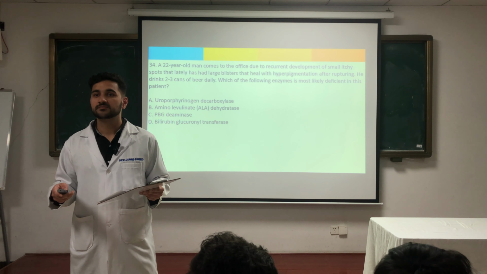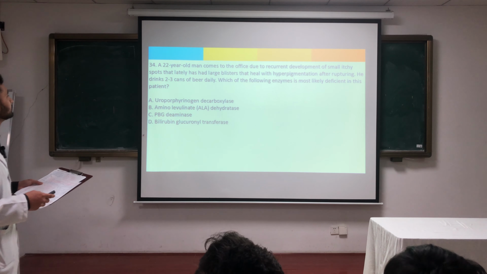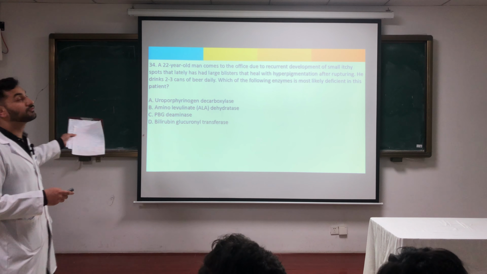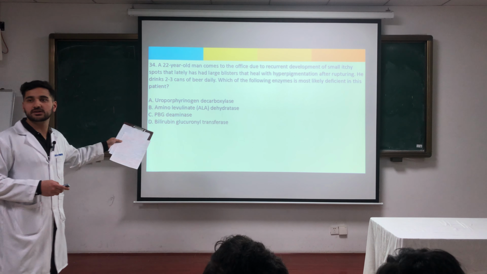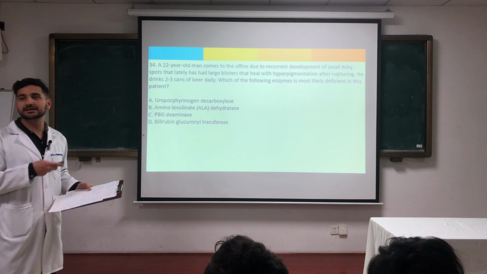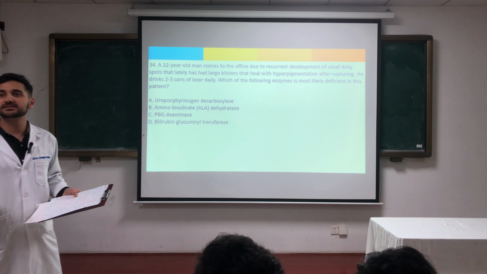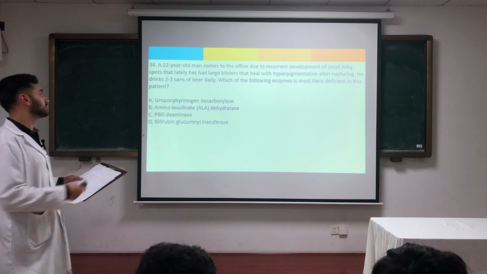First, I would like to ask what is PBG deaminase, because this is porphobilinogen deaminase. Basically, these are the enzymes that convert, like we have studied the fate of RBC, so it is mainly production of the iron. Thank you for the answer.